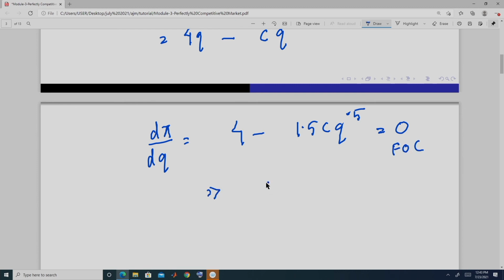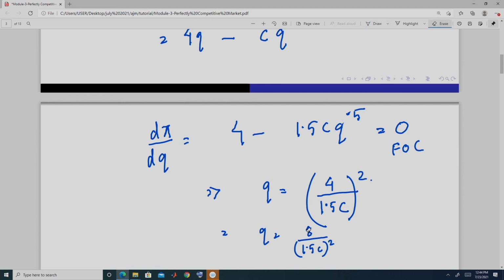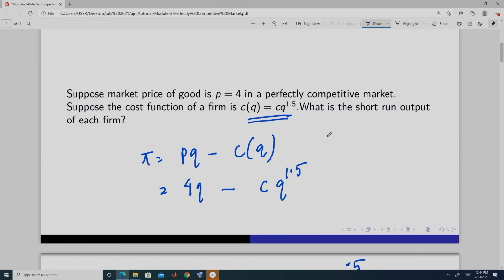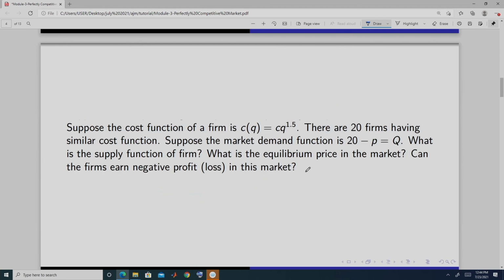So, we get this. This is the output of each firm. C takes some positive number, okay, here. So, we get this.